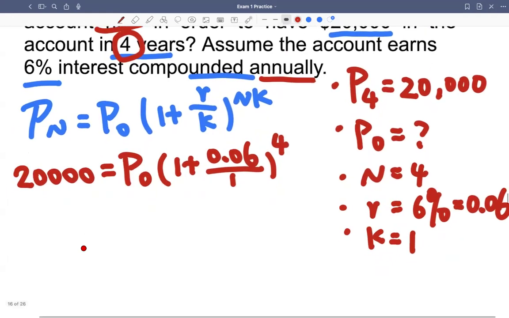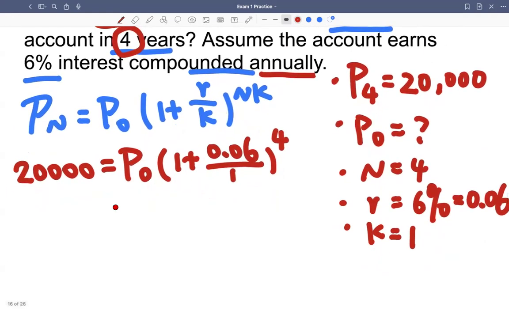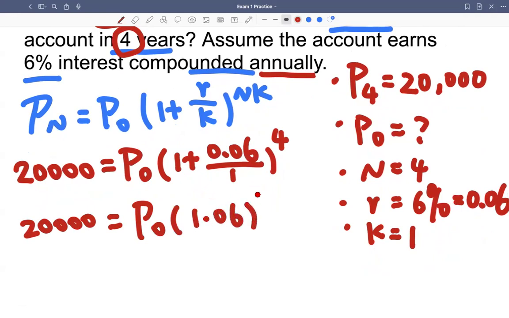So we need to calculate this part. So P0, we still have 20,000 equals P0 times 1.06 raised to the 4. I can do this on my normal calculator, because the exponent is only up to 4.